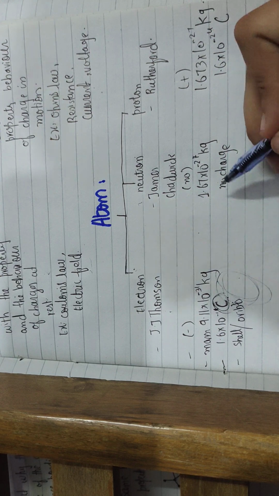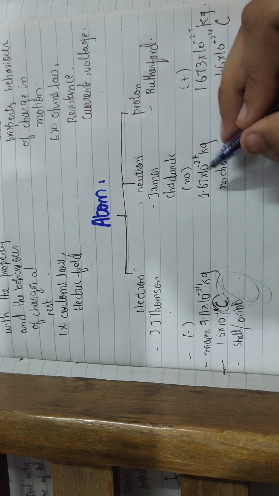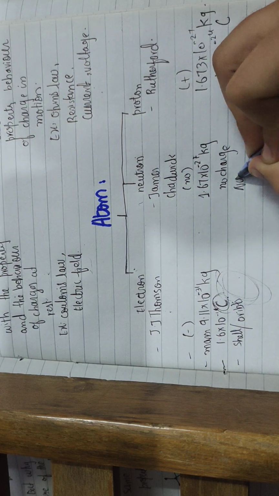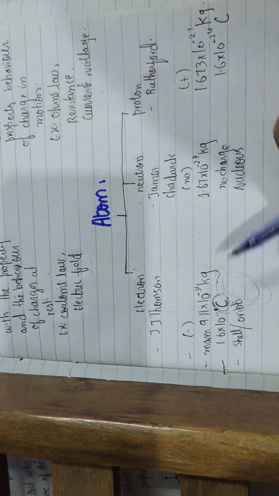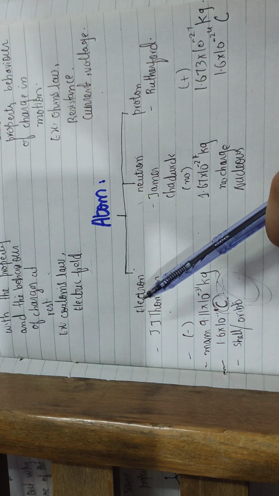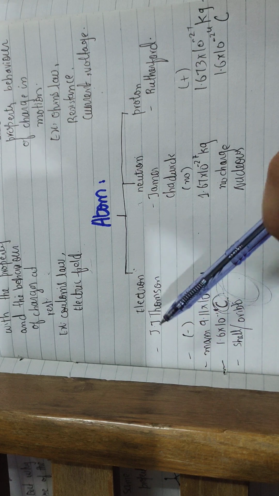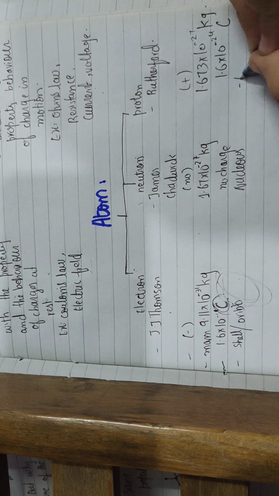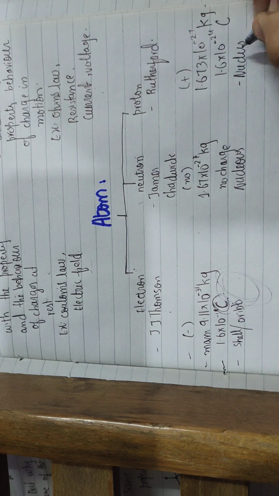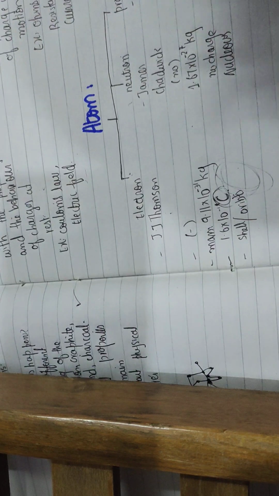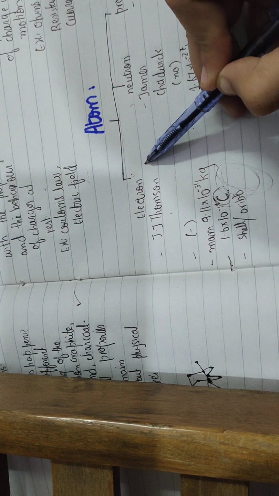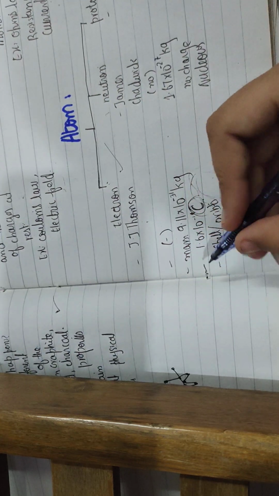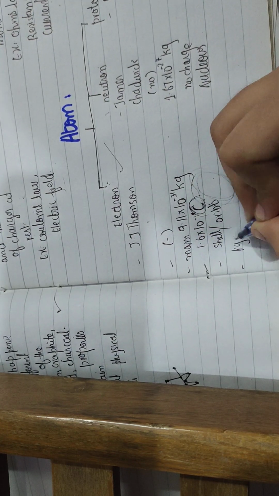Neutrons and protons are present in the nucleus. The electron is known as the fundamental particle of the atom, and it is the lightest particle.